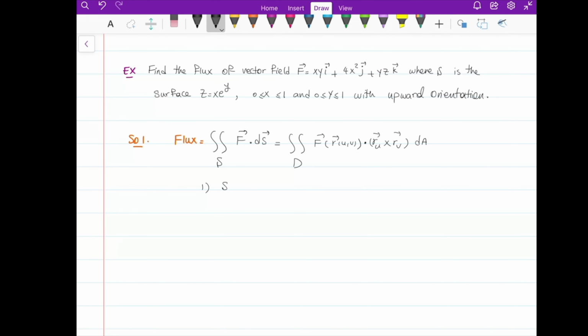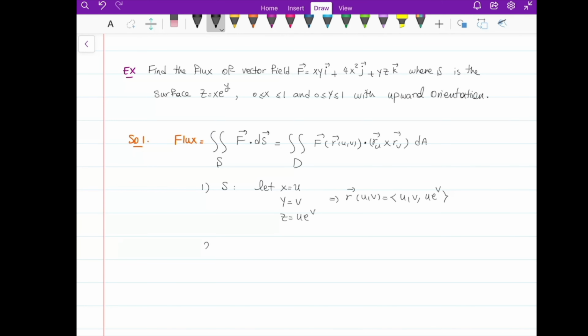Let me parameterize S. I'm going to let x be my u, y be my v, and then z be u e^v. And so r(u,v) would be (u, v, u e^v).